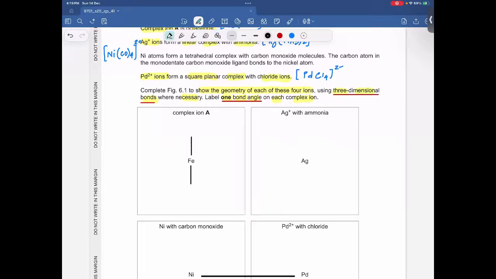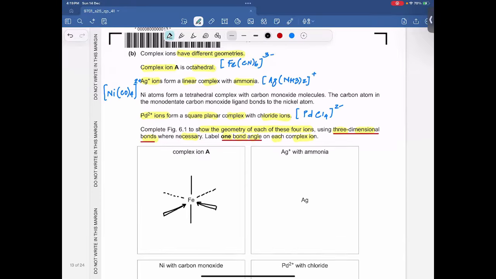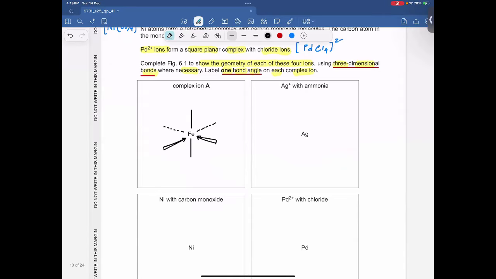This is octahedral geometry. How many cyanide ions? 6.